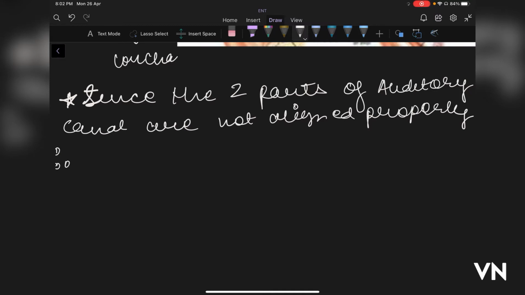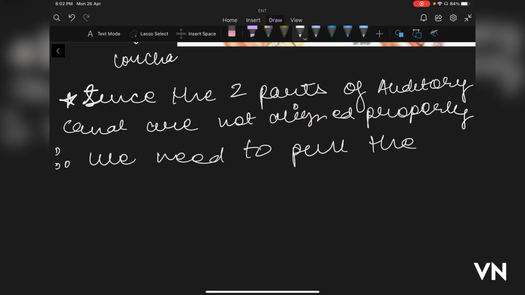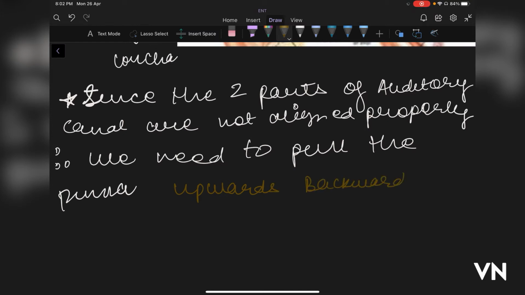Therefore, we need to pull the pinna upwards, backwards, and laterally.